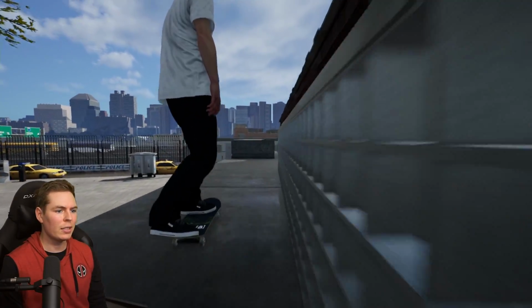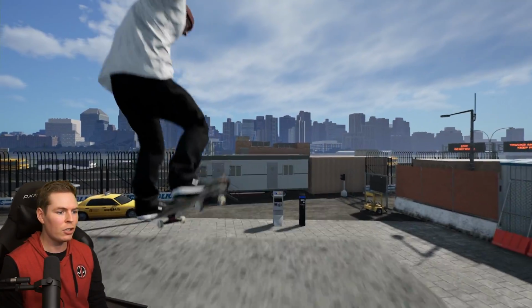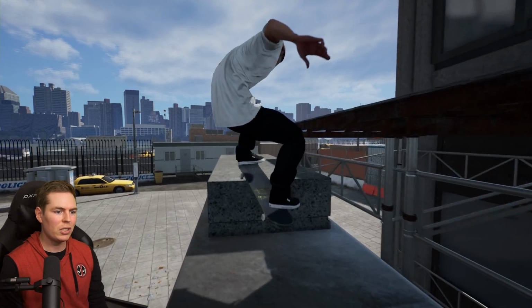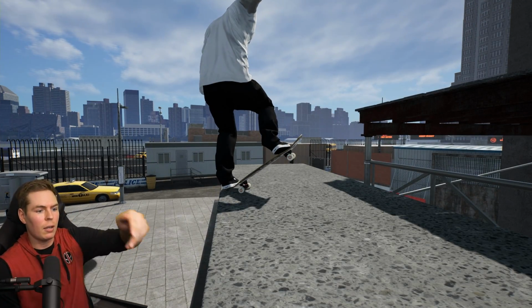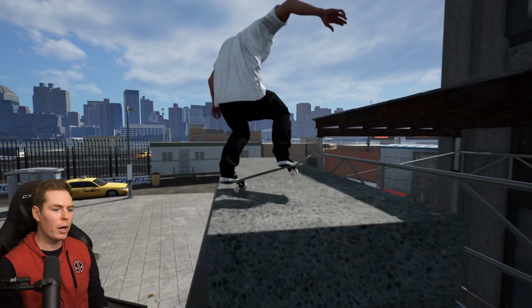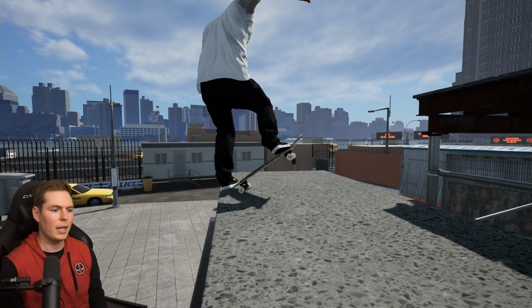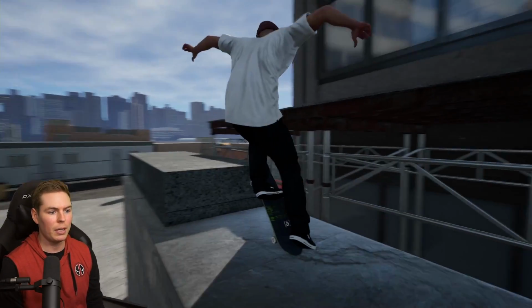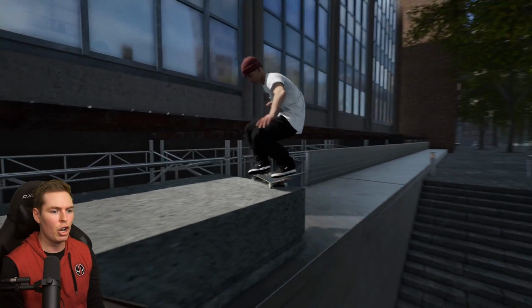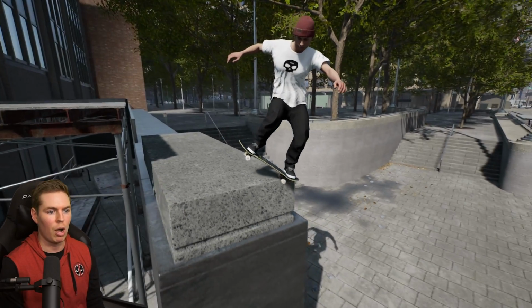One interesting thing is if you come from this side right here and get into a nose blunt, I think a lot of people still consider that a nose blunt, even though you're staying on the same side as you popped and you didn't bring your back foot over. Because you want to consider that a nose blunt. Like, you don't want to say, oh yeah, I did a nose slide on this ledge. You want to be able to tell people, yo, I did a nose blunt on this giant drop ledge.